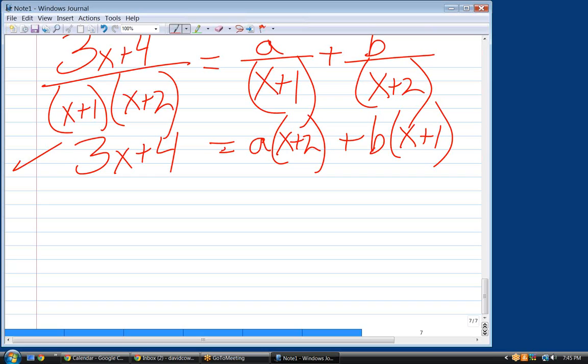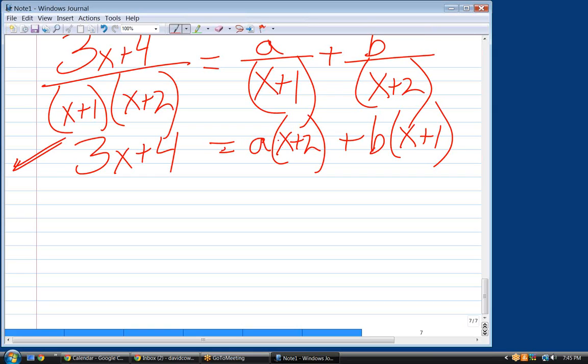Well, I've got three variables here and only one equation. How do I solve it? Well, I can let x equal minus 2. In other words, because this is true for all x, I can start picking values of x that are going to allow me to solve for a and b. What would be one value worth picking?